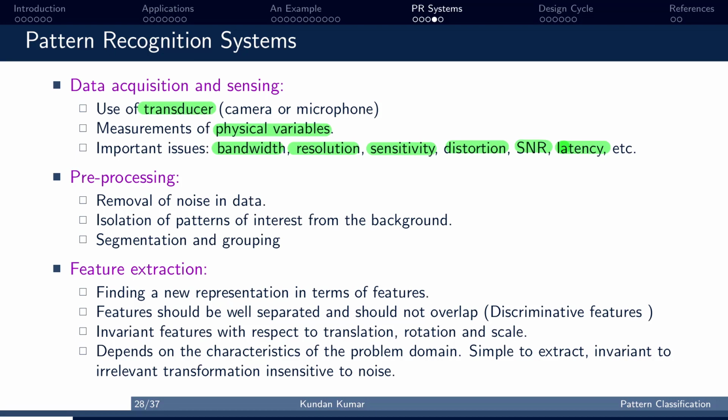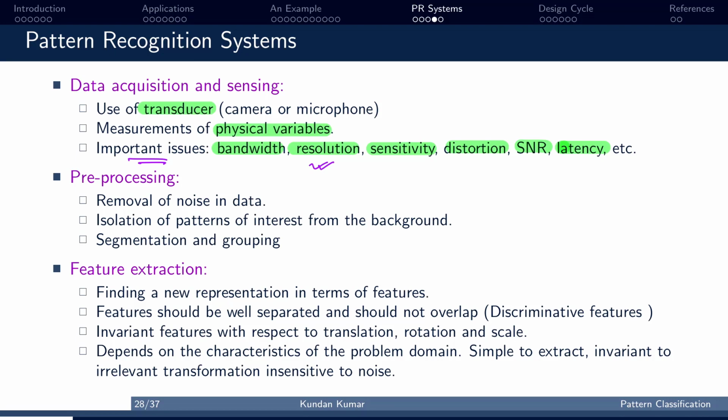And if we consider images, then we have to capture good images. That means the images should have good resolution and dimensionality. So these are the important issues. Then the acquired data will be pre-processed.